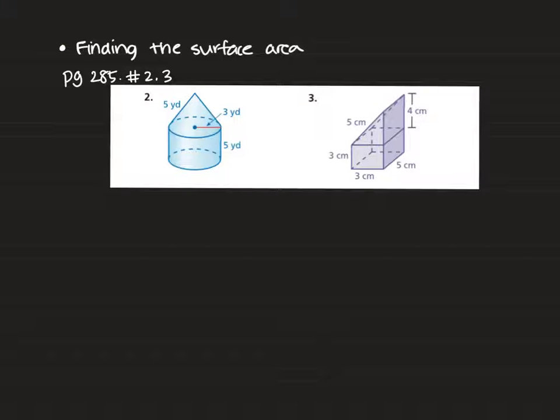Number 2, you have a shape that has a cylinder and a cone put together, and it makes almost a fat crayon shape. As I mentioned briefly in the very beginning, you're not going to count the part that overlaps for the cone and the cylinder.